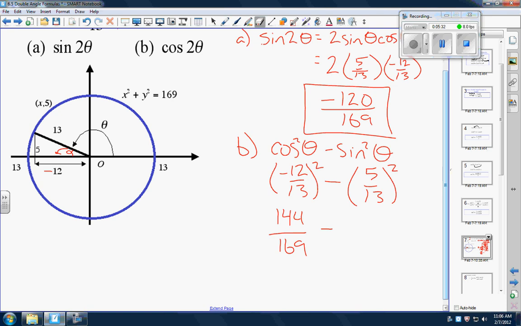Make sure that guy is squared like the formula tells us. 25 over 169, okay? And get your calculator, get your final answer here. And you're done with that problem there.